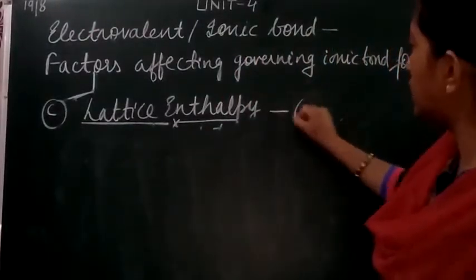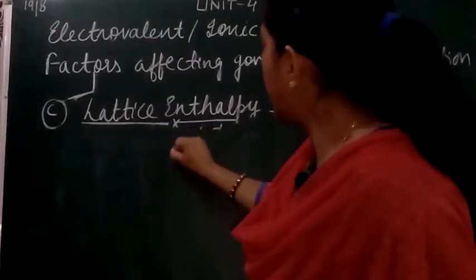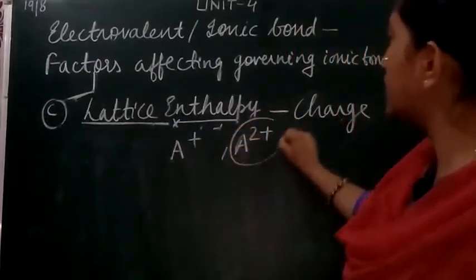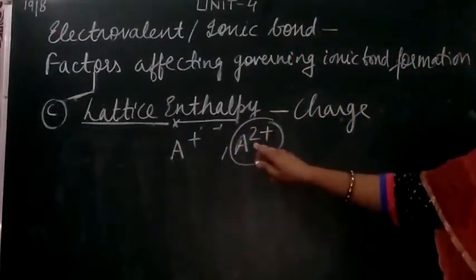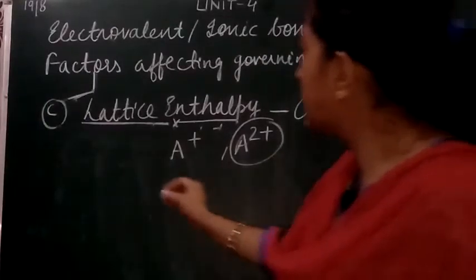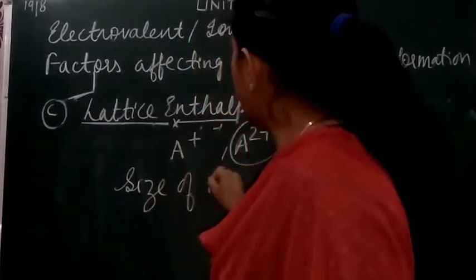So first was the charge. That means students, if we have A plus and A2 plus, definitely the lattice enthalpy of A2 plus is going to be high. So the greater the charge on the ion, the greater will be the lattice enthalpy. Second is the size of ion.